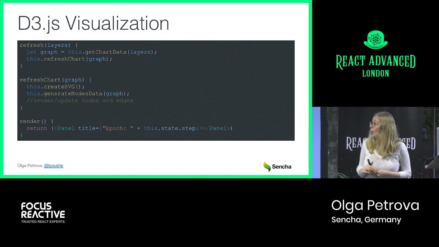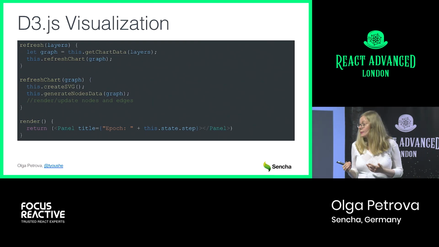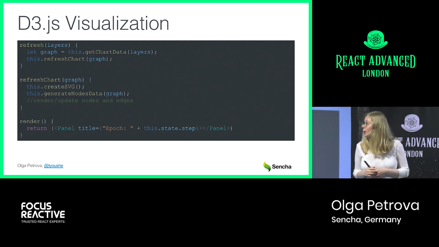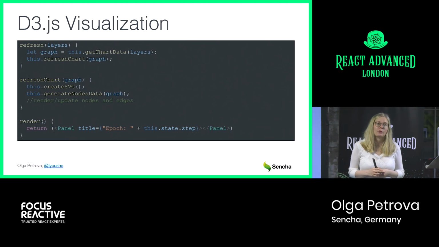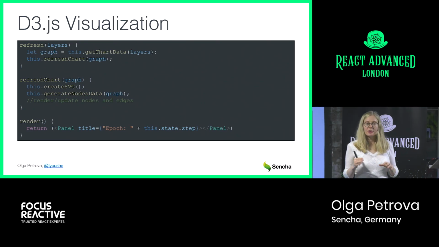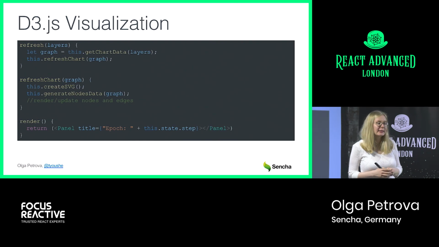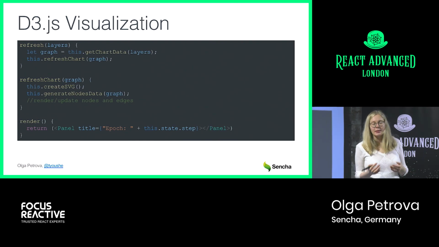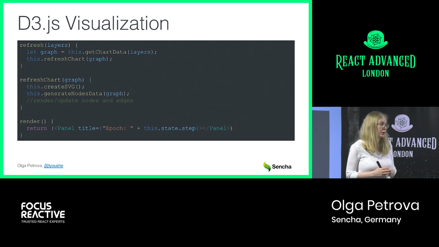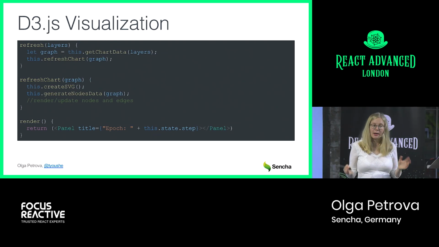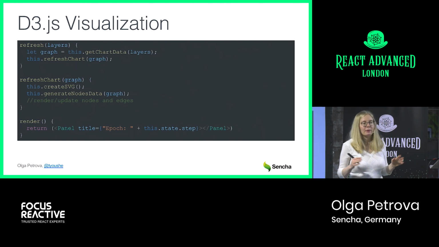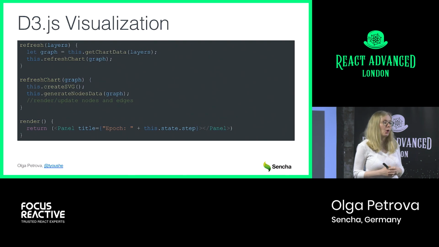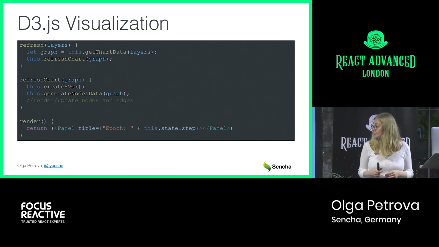Every time when an epoch ends, a refresh function will be called, and layers describe the current state of my model. These layers are an array of all weights and biases that describe the current state of a model. Based on this current state of a model, I just generate graph data and render, update nodes and edges for my graph.